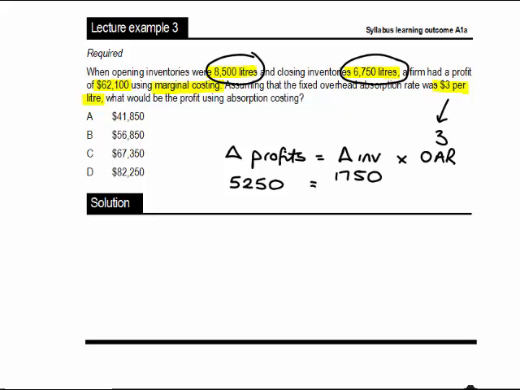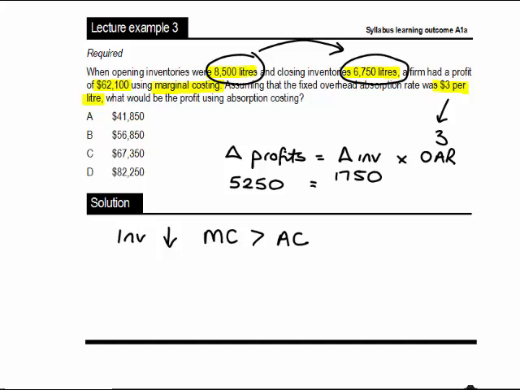Next, we either need to think through what's happening to cost of sales, or we need to use SIAM in order to come up with the actual answer. We've been given the marginal costing profit, so we need to think, well, what direction has the stock movement been in? If we started off with 8,500 litres and ended up with 6,750, then our inventory has gone down. In this case, marginal costing is going to give us a higher profit than absorption costing.